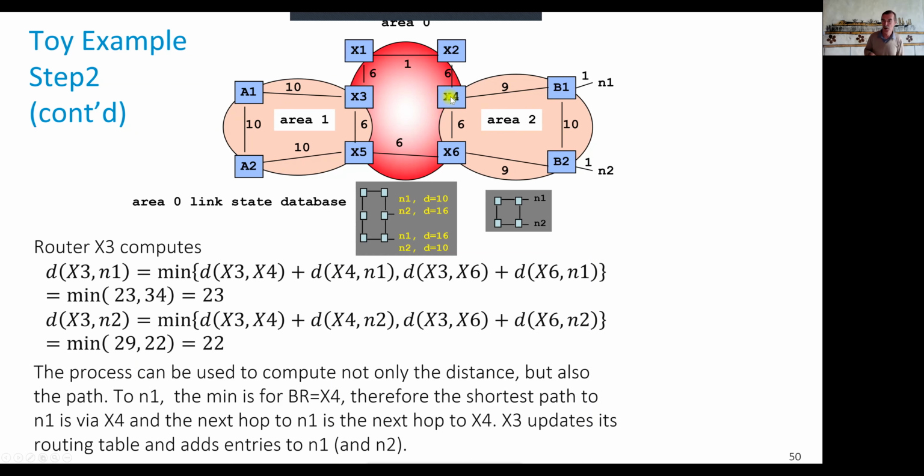X4 is not a next hop, but I know how to go to X4, so I will compute the next hop to X4, which is X1 in this case. So this is how router X3 will do for all the networks that are visible through summary link state advertisements here.